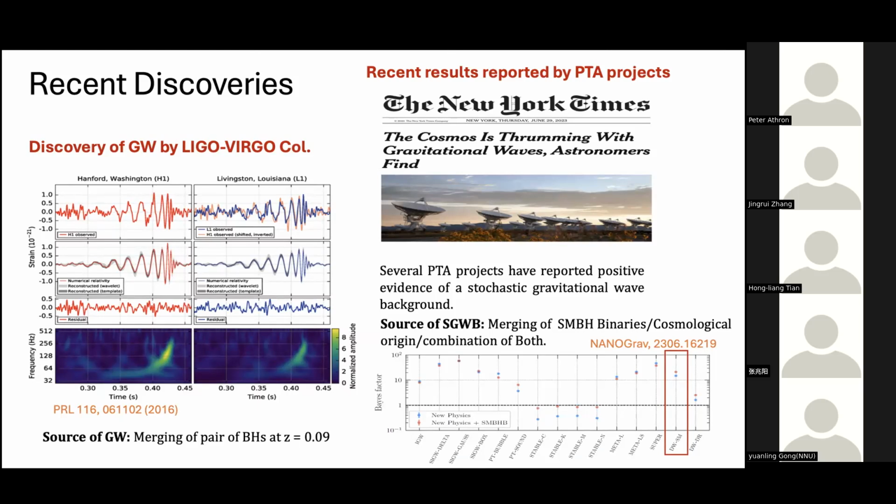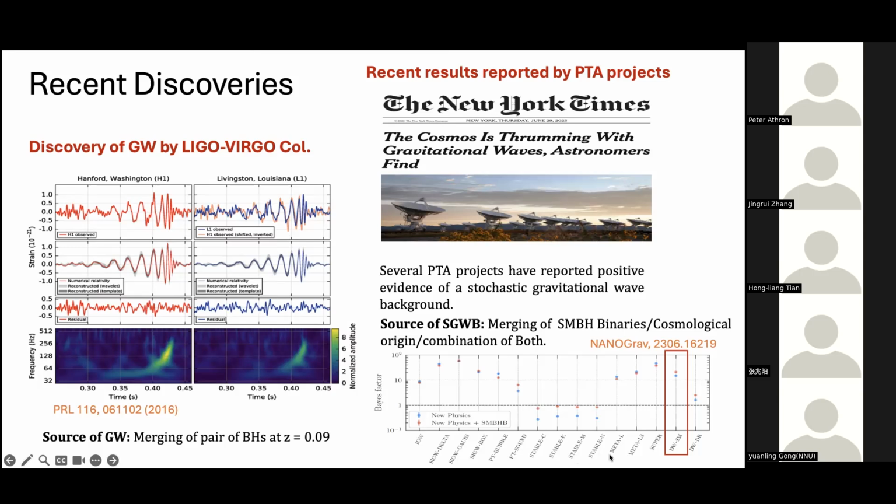And this suggested something very important. These small frequencies might be generated because of the merging of supermassive black hole binaries, or they might have some cosmological origin, or it might be a combination of both. In the NANOGrav paper that discussed this result, it suggested that one can think of different sources, like induced gravitational waves, then scalar induced gravitational waves, then different string possibilities.